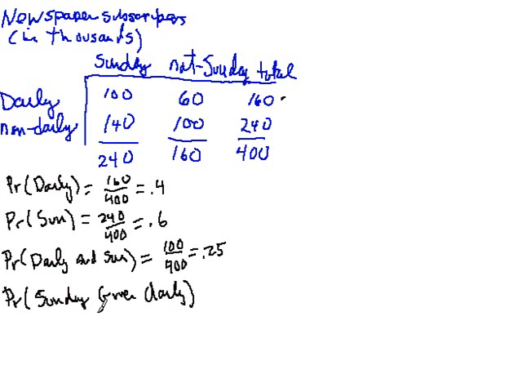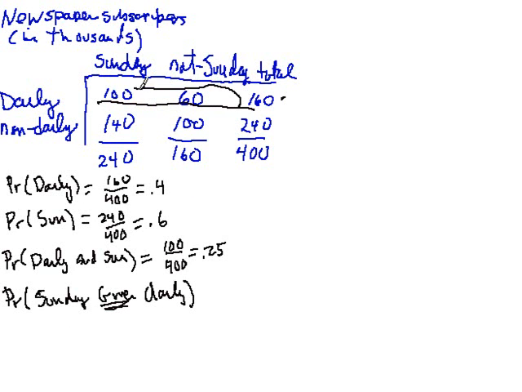In other words, now we've introduced an extra little quantification. Namely, we're assuming people take the daily paper, and we want to know what fraction of the people who take the daily paper are going to end up taking the Sunday paper.